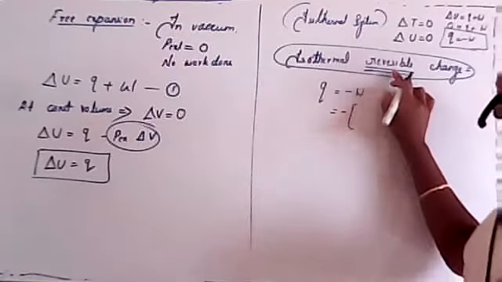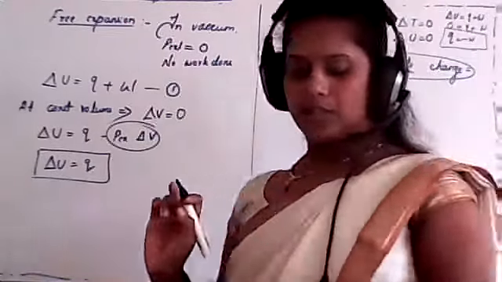What is the W for reversible change? What is the value for reversible change?